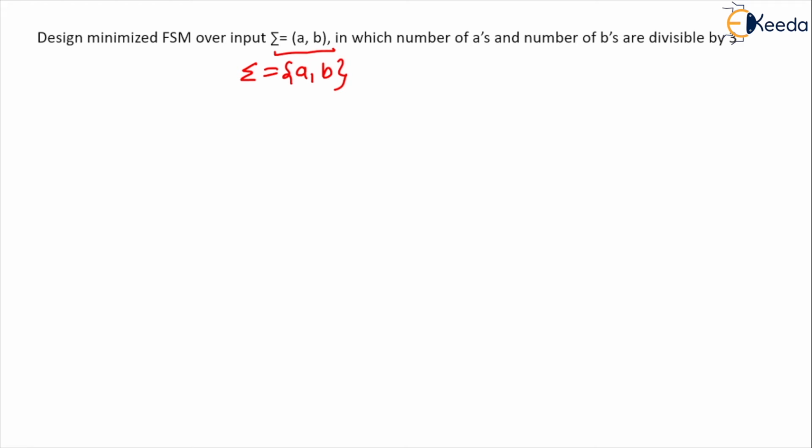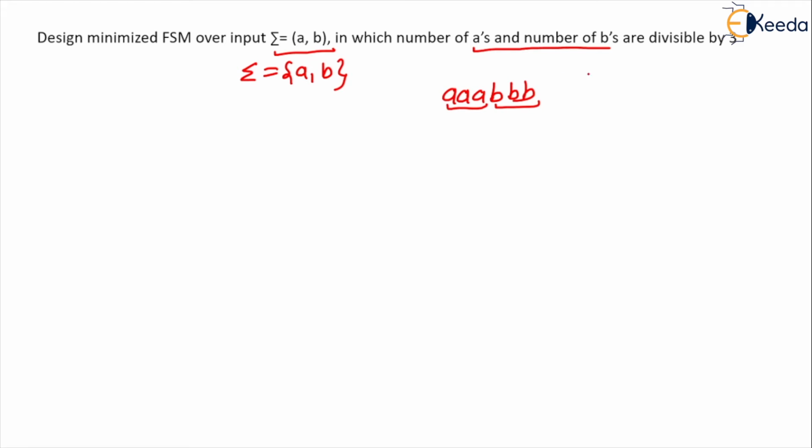So see here, first the number of A's and the number of B's are divisible by 3. Take a string like triple A, triple B, in which the number of A is 3 and the number of B is also 3.